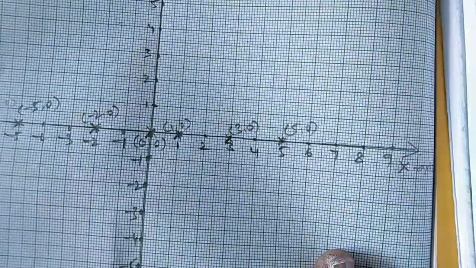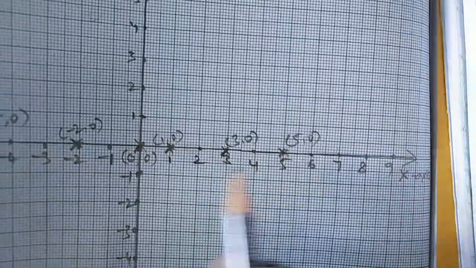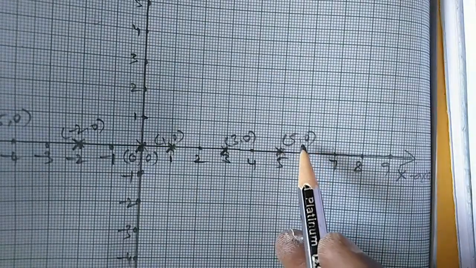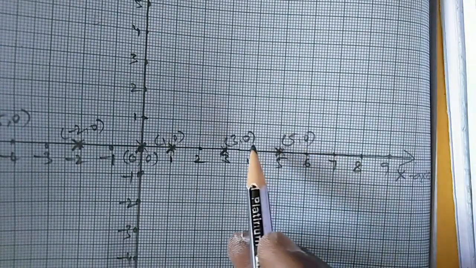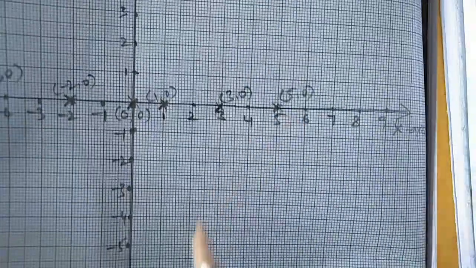So after marking all these, what do you observe? That is the question. Whatever points we are marking on the graph sheet, all the ordinates, the y coordinates, are 0, 0, 0, 0. That is why all these points are lying on the x-axis.